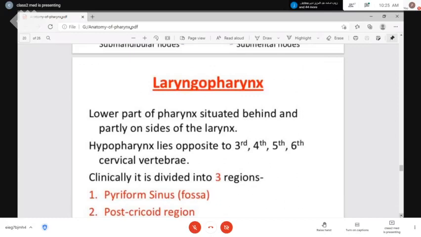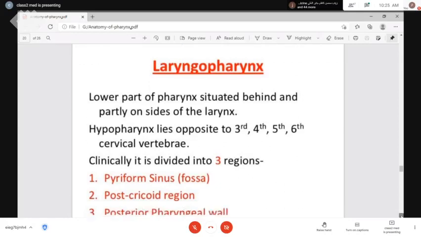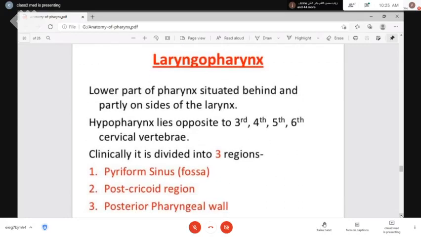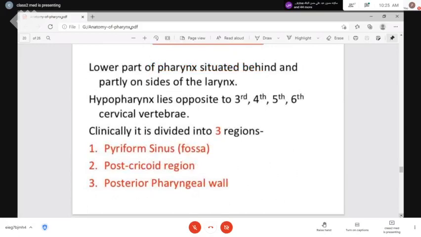Clinically, it is divided into three regions. First, the piriform sinus or fossa. Second, the postcricoid region. And third, the posterior pharyngeal wall.